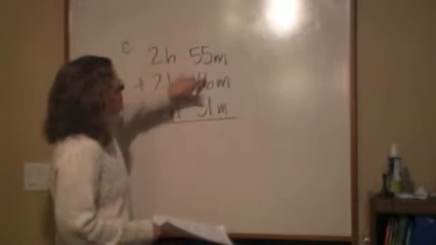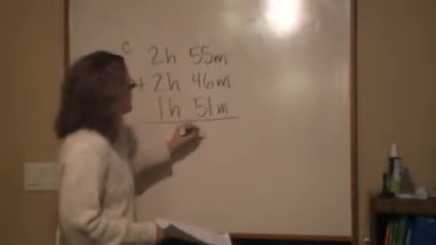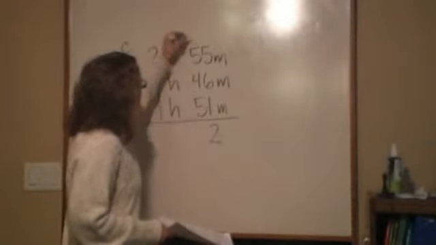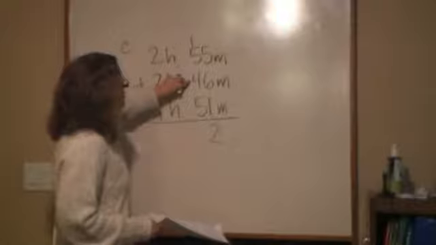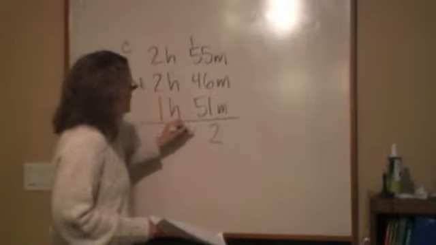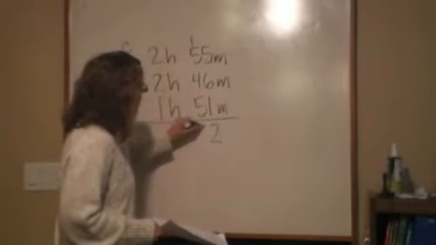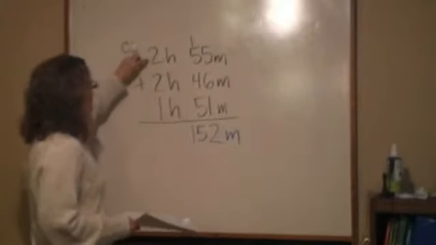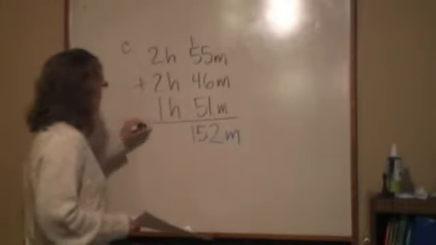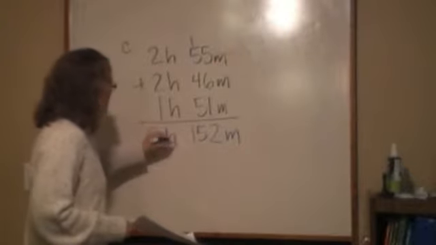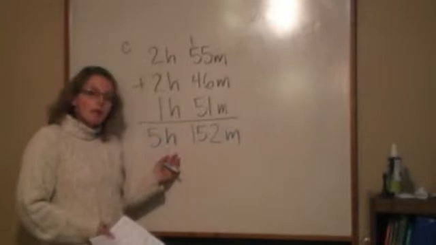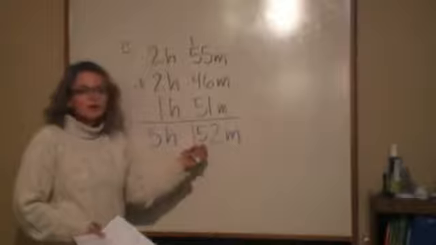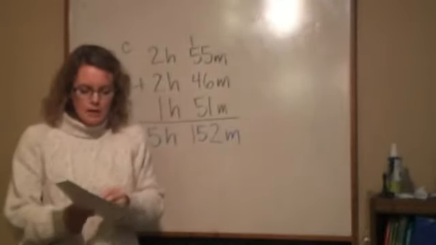That's easy. 5 plus 6 plus 1, so we have 5 plus 6 is 11, plus 1 is 12. Carry my 1. 5 plus 4 is 9, plus 1 is 10. I love tens. And plus 5 is 15. So it's going to be 152 minutes. And how many hours? 2 plus 2 plus 1 is 5. Okay, your trip would have taken 5 hours and 152 minutes.